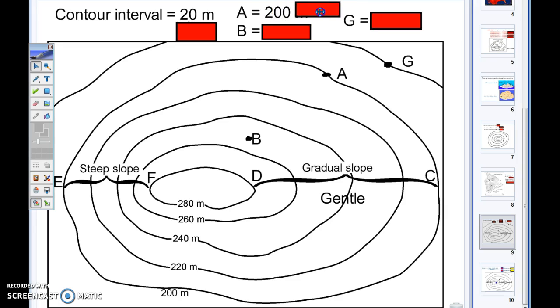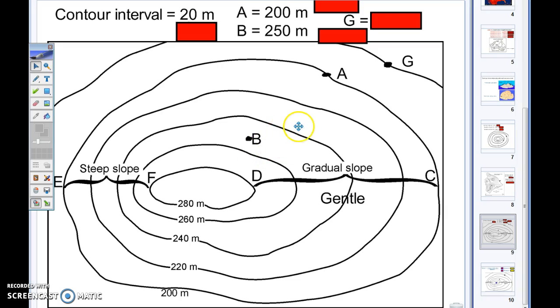Elevation for location A is 200 meters. Location B. It's about 250 meters, and this is because it's in between two contour lines.